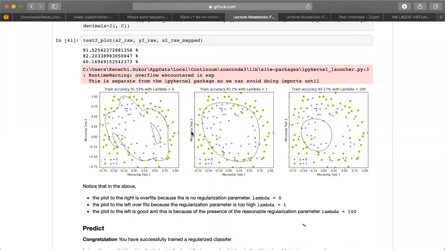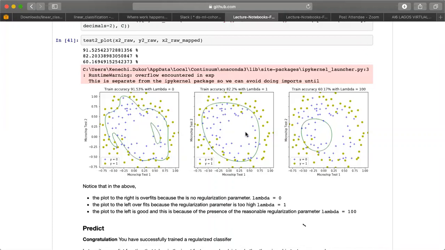Contrary to this, what you will have is a good, forgive me to use the word good here, but a moderate model where it kind of generalizes. It's not too specific, and it does a good job in separating the circles from the plus here.